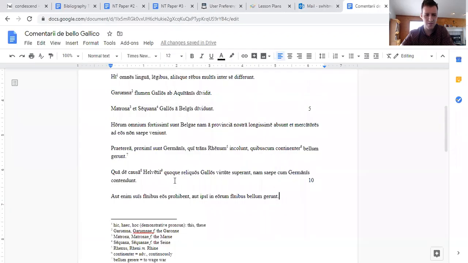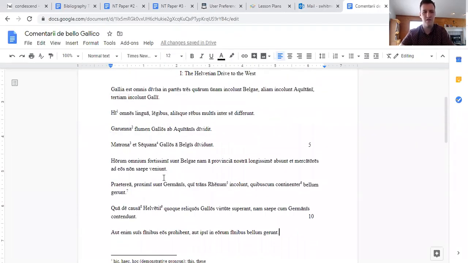Now I'm going to go back through and retranslate. So all of Gaul is divided into 3 parts, of which one the Belgians inhabit, another the Aquitani inhabit, and a third the Gauls inhabit. All of these differ among themselves in respect to language, in respect to laws, and in respect to many other things.